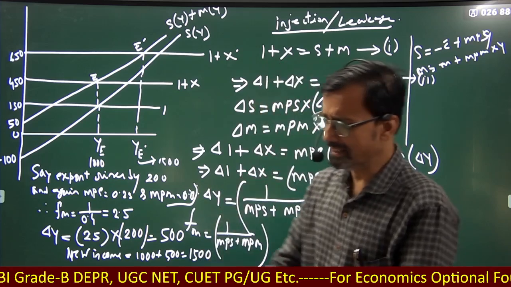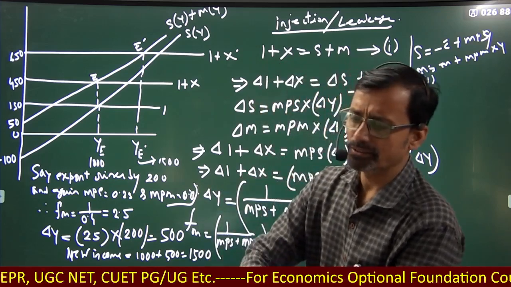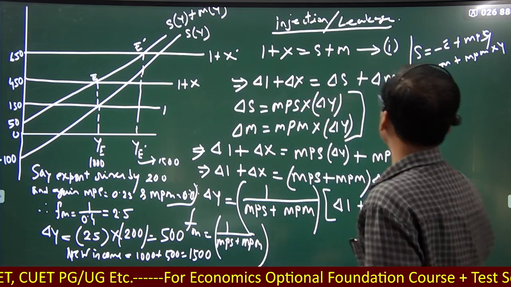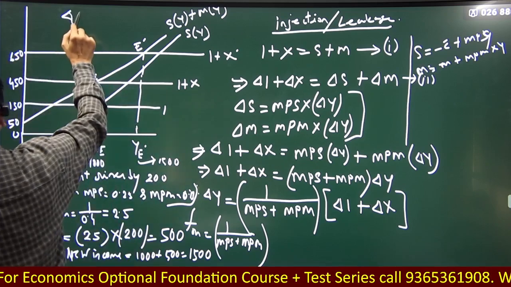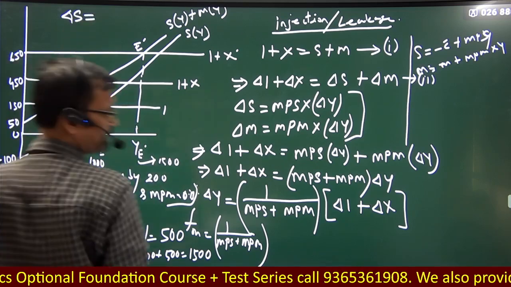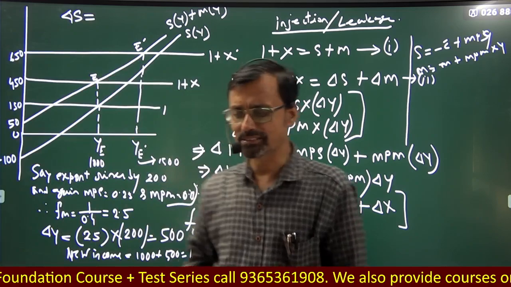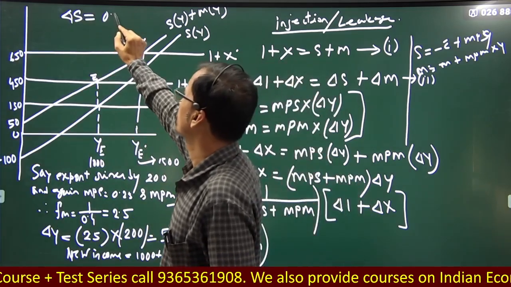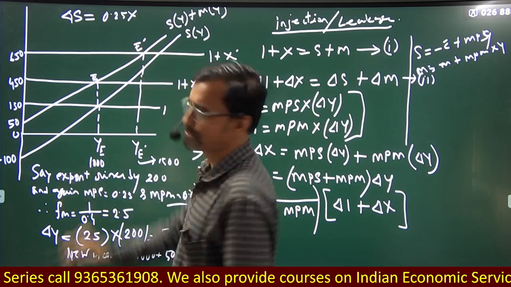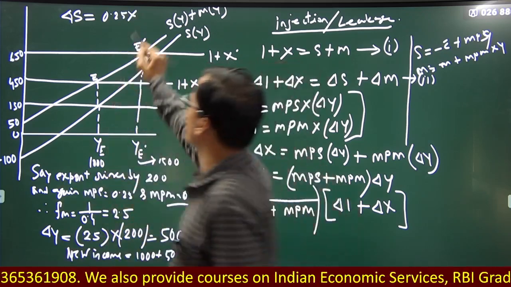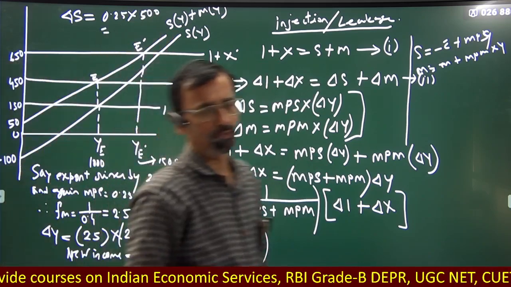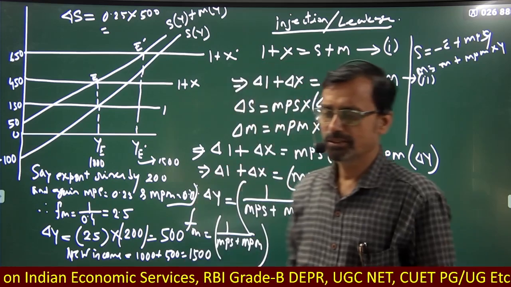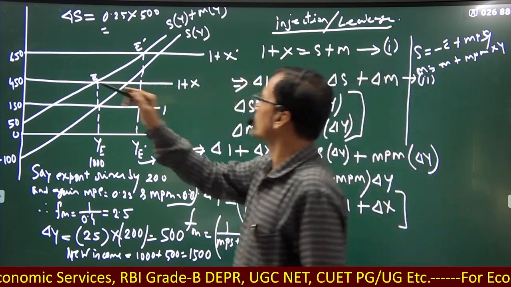So obviously there will be an impact on savings also. What will be the change in saving? Delta saving is 0.25, the marginal propensity to save, times the change in income, 500. So saving changes by 125.